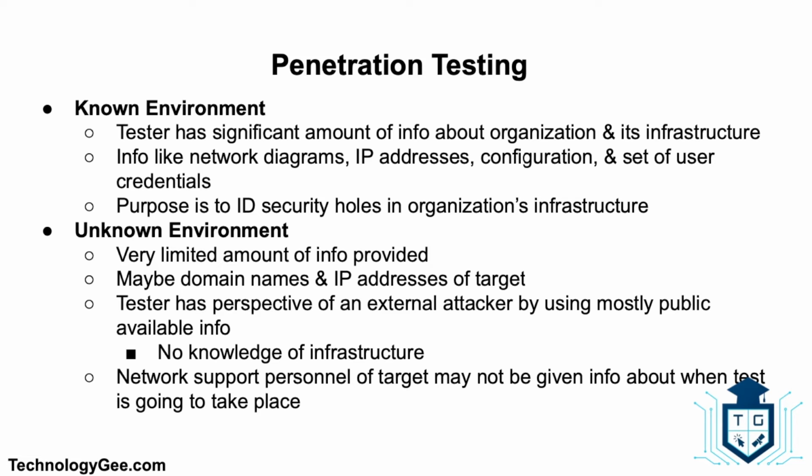The tester would not have prior knowledge of the target organization and infrastructure. Another aspect of unknown environment testing is that the network support personnel of the target may not be given information about exactly when the test is going to take place, which eliminates the issue of a target preparing for the test and not giving a real world view of how the security posture actually looks.